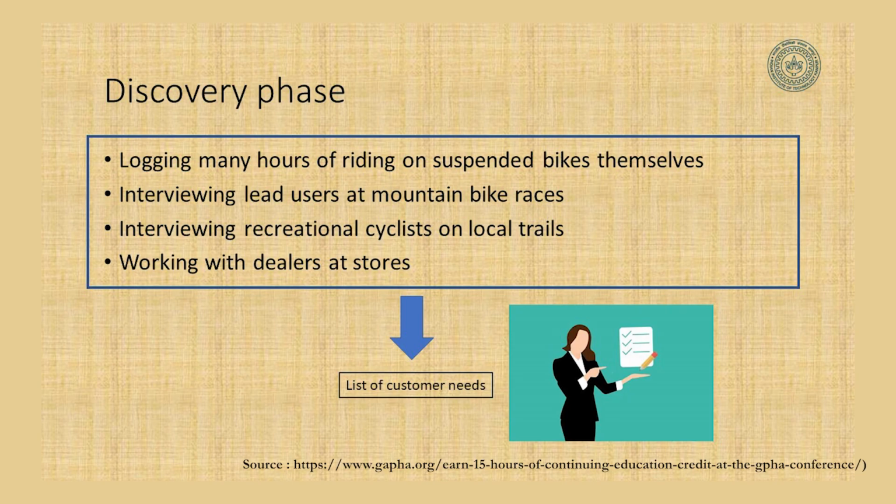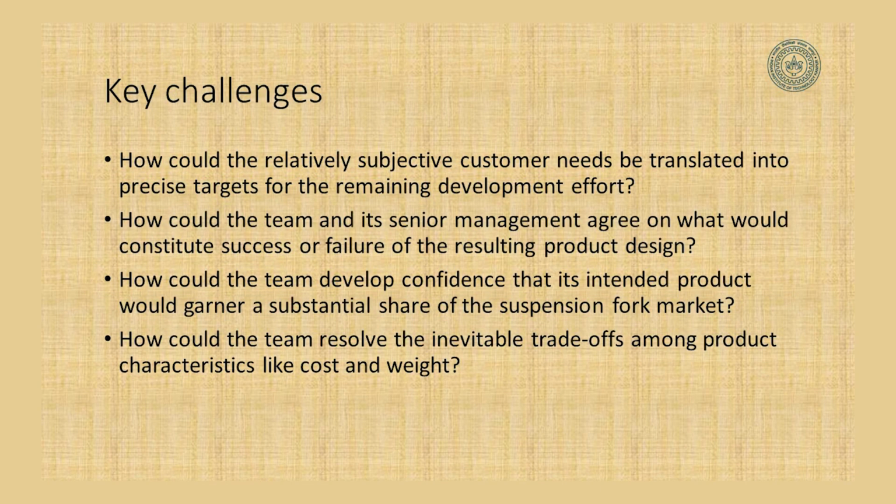So, doing all of this, the key challenge for you is to ask the question, how can these relatively subjective customer needs be handled? You have interviewed some people, you have ridden the bike yourself, you have gone to some dealers and you have got all disparate data sets.